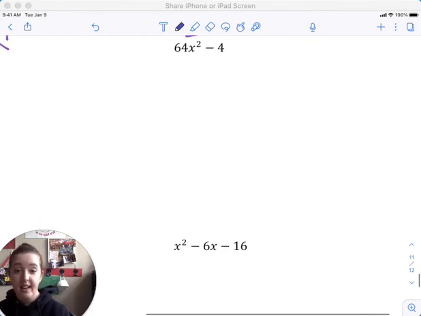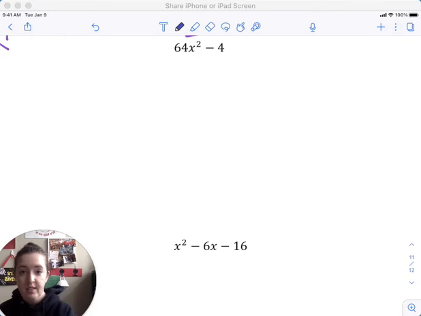Okay, this time, once again, we have two terms. Now, when I'm looking at that, yes, we have a greatest common factor of 2. But we even have a bigger greatest common factor, don't we? We have a greatest common factor there of 4.